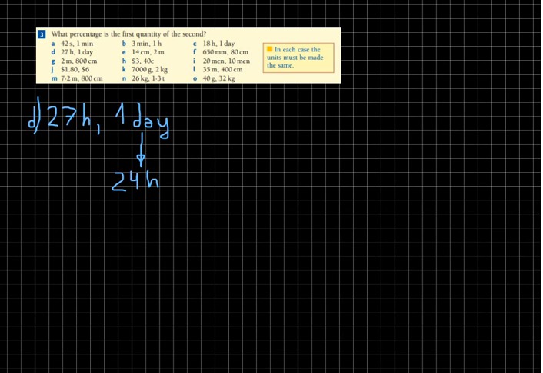Alright, one method of doing this is dividing 100 by the total, which is 24 hours, and multiply that by the part of hours that we are trying to get the percentage of.